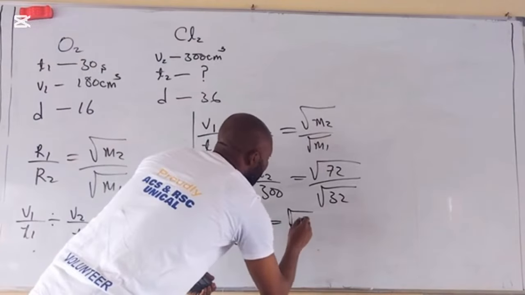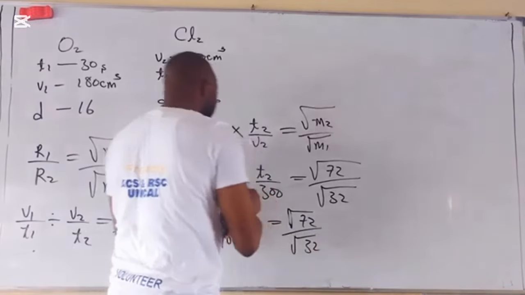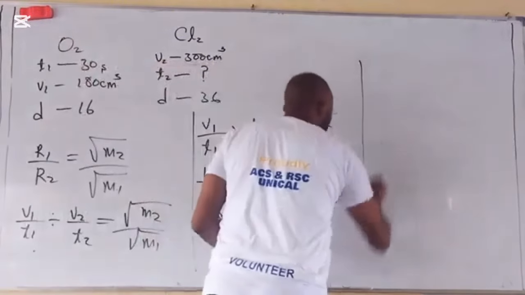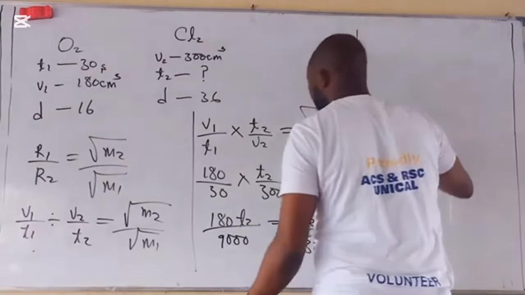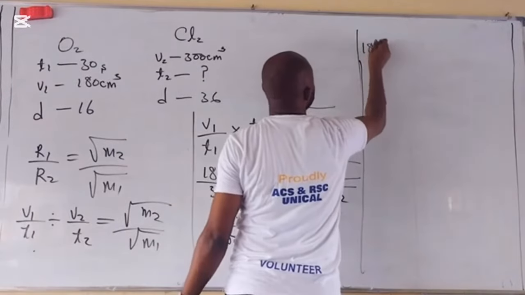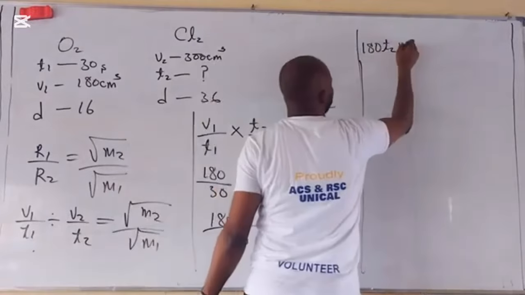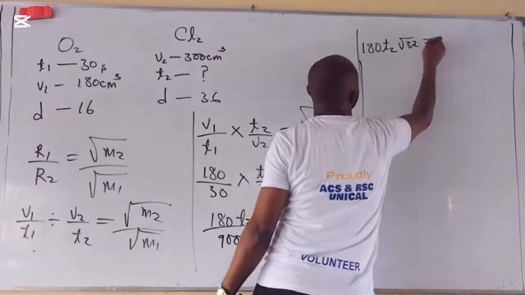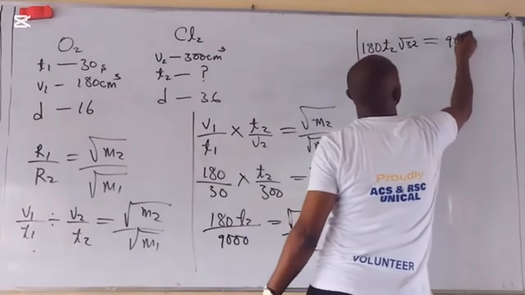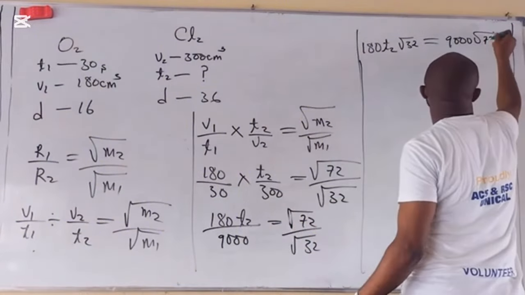So now I have the root of 72 over the root of 32. Now I have to cross multiply. This is what I'm looking for. So I have 180 T2 times root 32 is equal to 9,000 root 72.